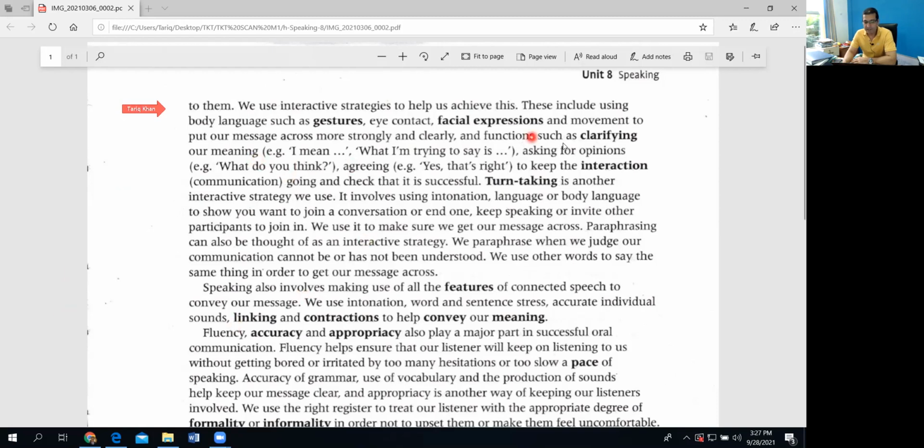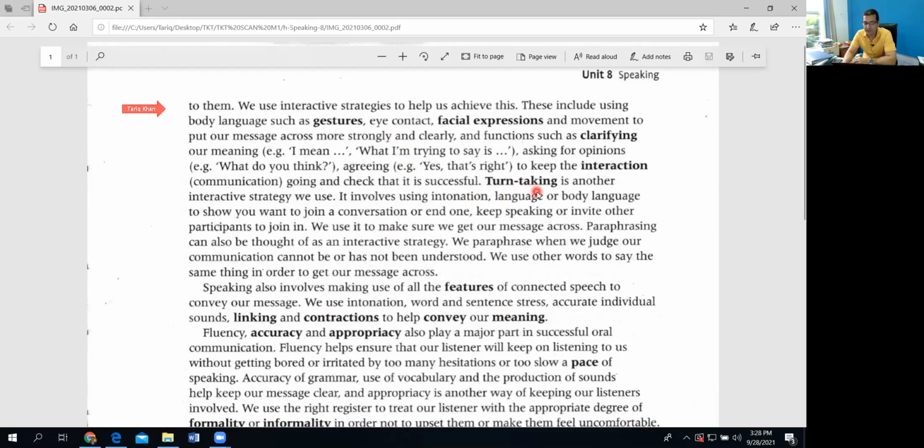Then clarifying things, like using fillers and phrases such as, what I'm trying to say is, asking for opinions, like, what do you think? Agreeing, like, yes, that's right, to keep the interaction going and check that it is successful. So we adopt all these strategies when we talk.